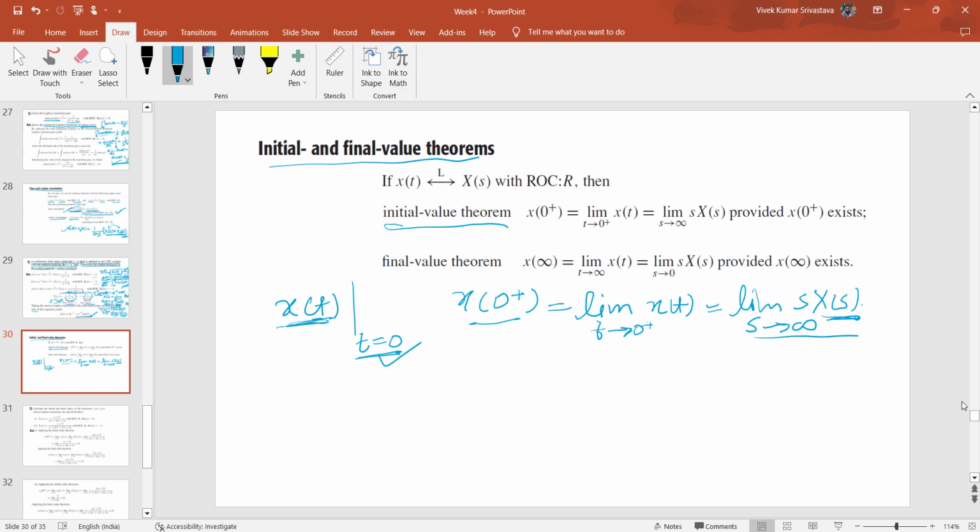By calculating this, we can easily evaluate the initial value of the signal x(t).